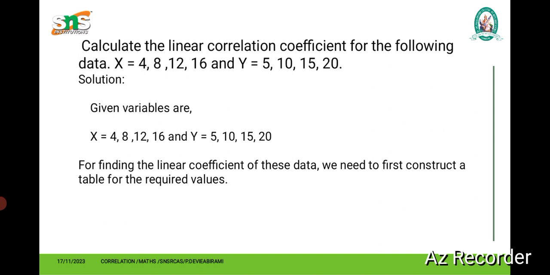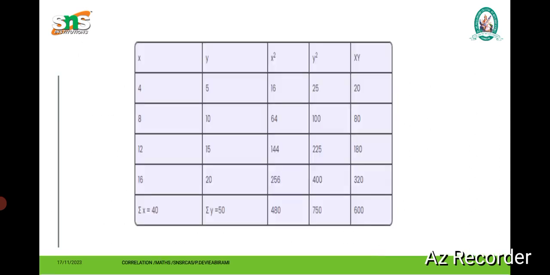For finding the linear correlation coefficient of this data, first we need to construct a table for the required values. My table has x, y, x square, y square, xy. The x and y values are given in the question itself. The sum of the x values is calculated at the bottom.